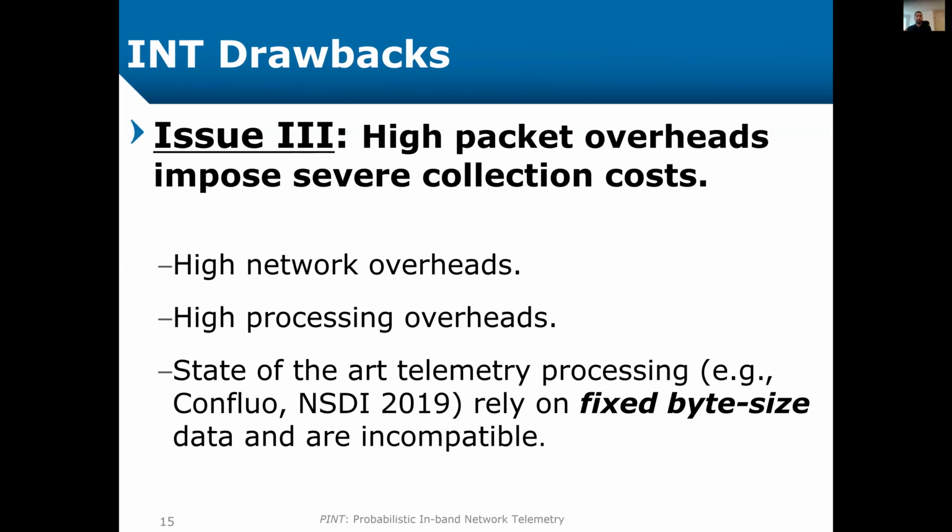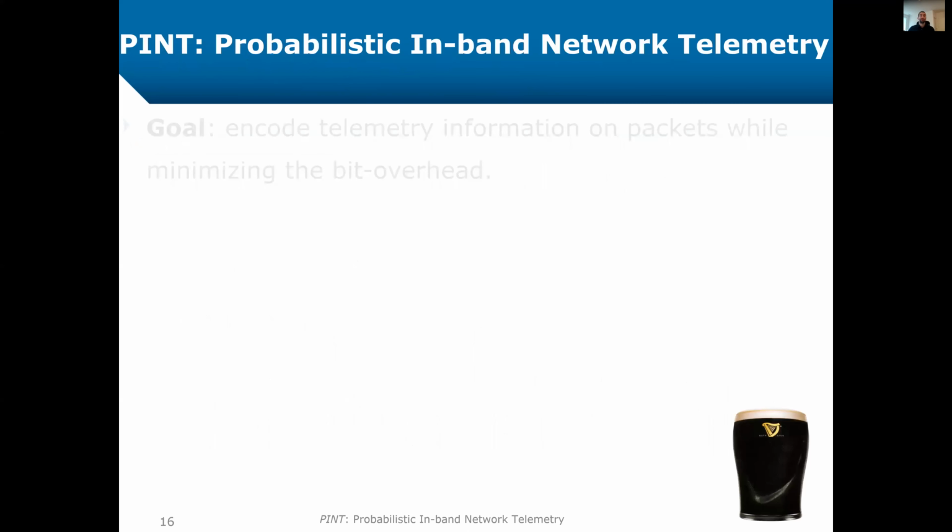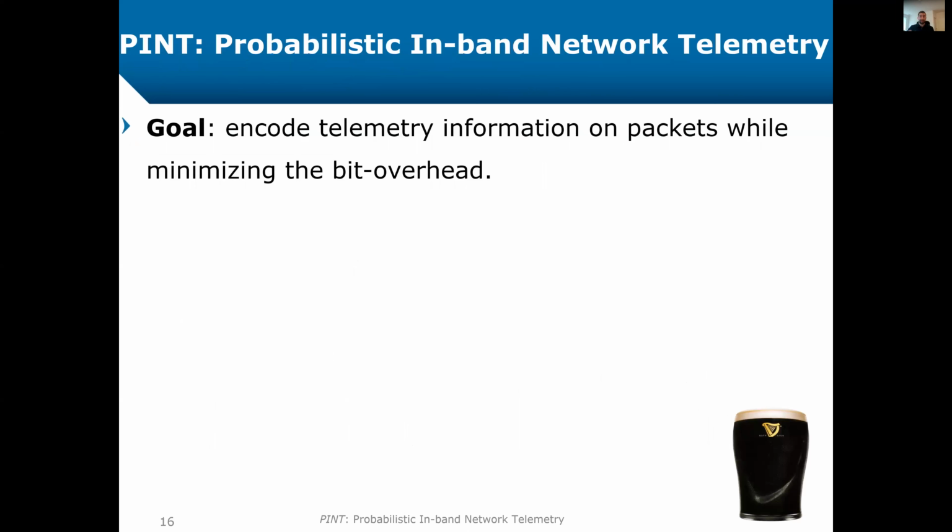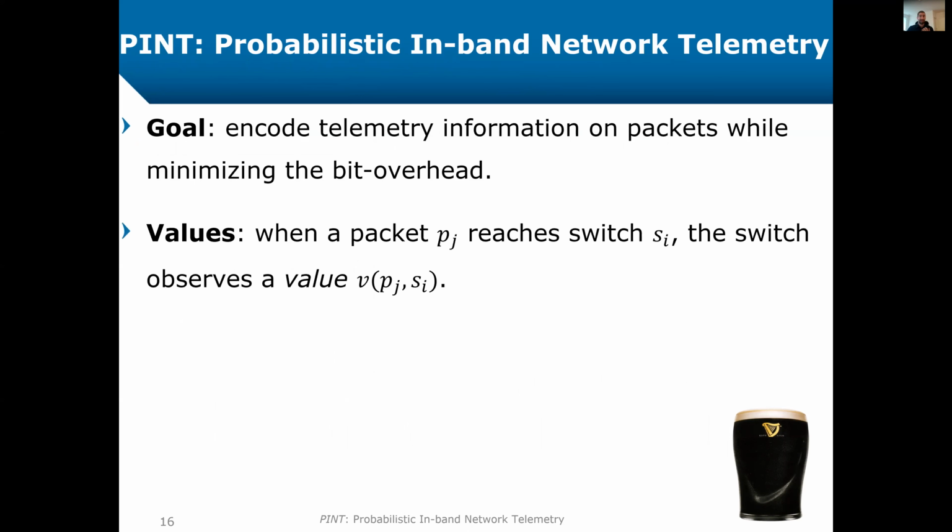So this motivated us to propose PINT, and the goal of PINT is to collect the telemetry information that operators really care about while minimizing the bit overhead. And like in INT, we have this notion of values. So values can be one of the INT metadata types, but they can also be anything that is computable in the data plane.